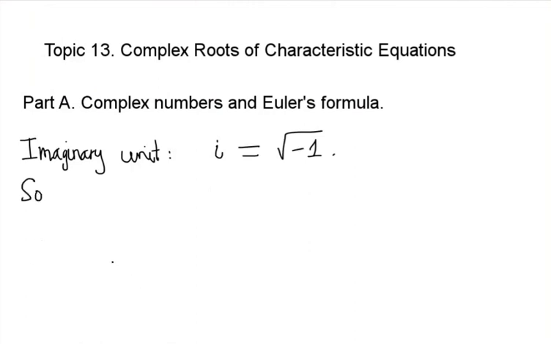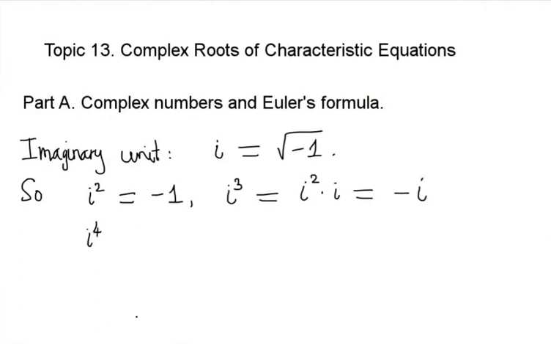So then, if we square i, we will have -1. But if we compute i cubed, then it will be i squared times i, and because i squared is -1, we will have negative i here.